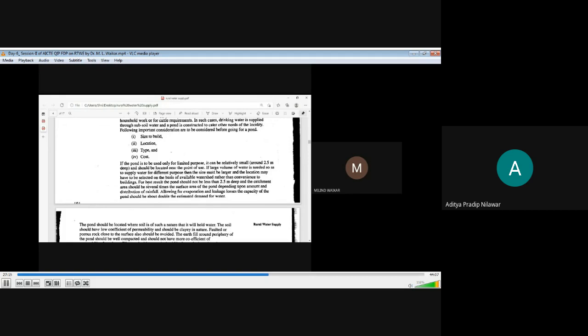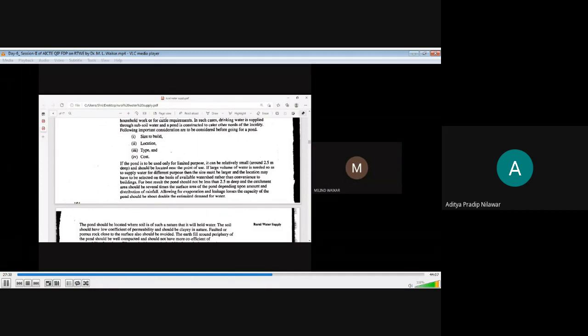So for best results, the pond should obviously not be less than 0.5 meter deep, and the catchment area should be several times the surface area of the pond, okay? So that we get a sufficient amount of yield in the pond.